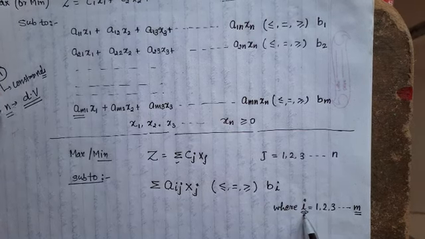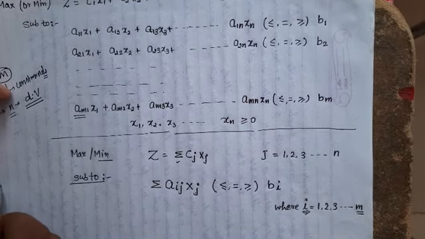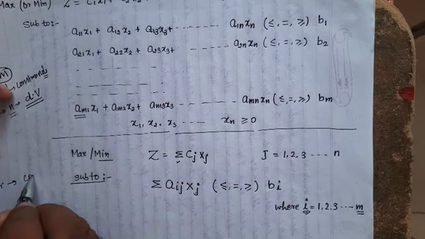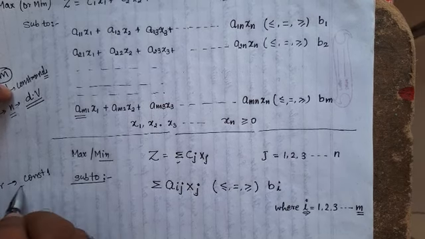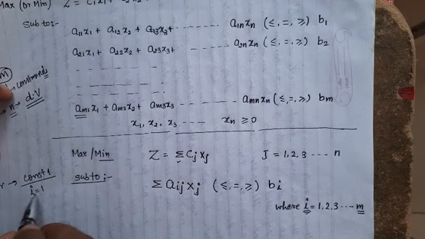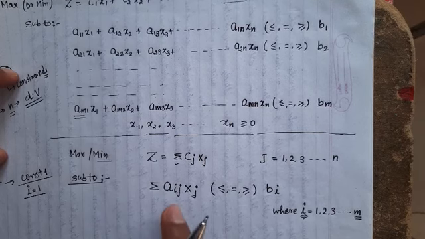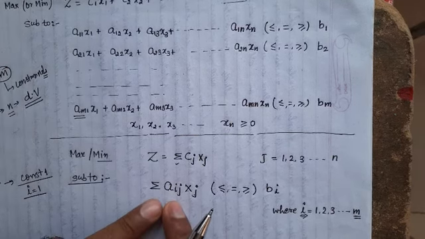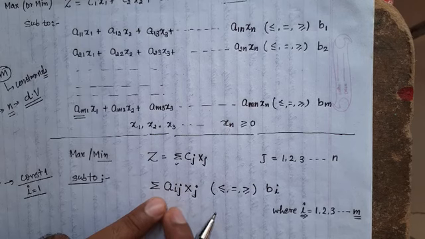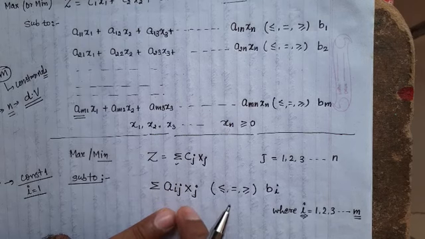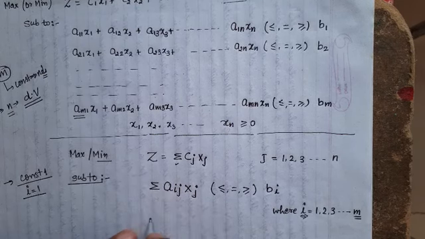Here i is for the constraint. For constraint 1, i will be 1, and j will again go from 1 to n. For constraint 2, you place the value i equal to 2, and j will change from 1 to n.